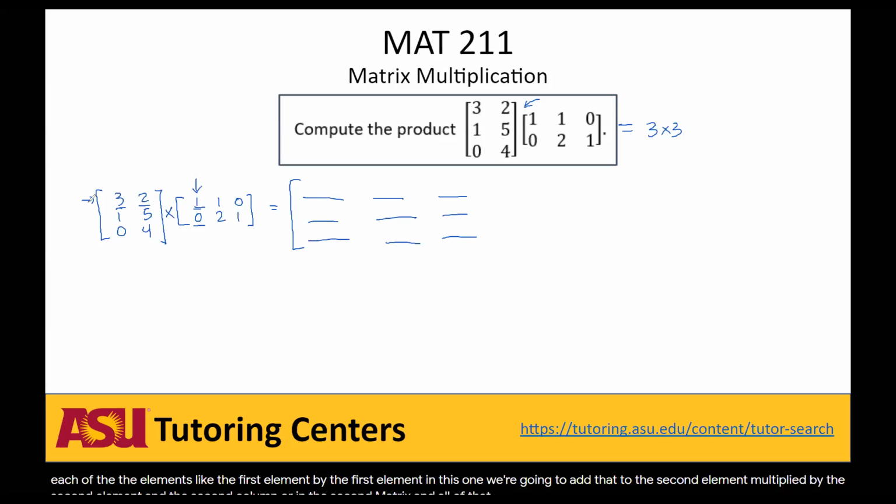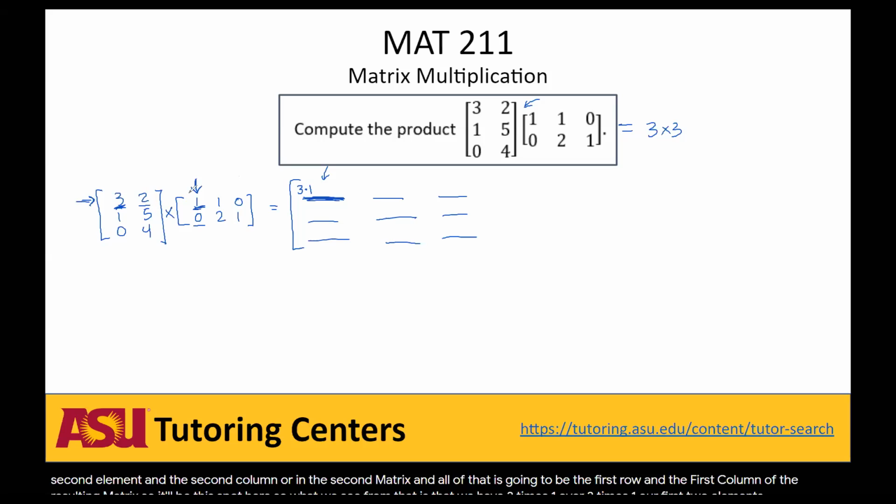All of that is going to be the first row and the first column of the resulting matrix, so it'll be this spot here. So we have 3 times 1, our first two elements, plus 2 times 0.